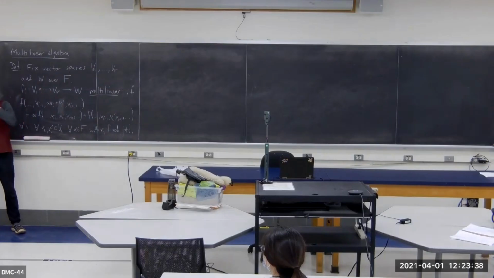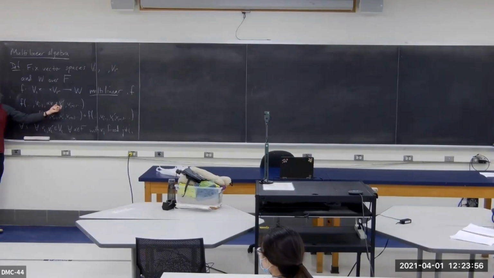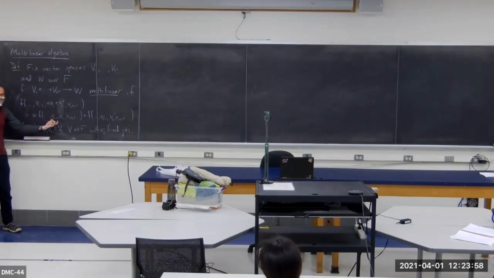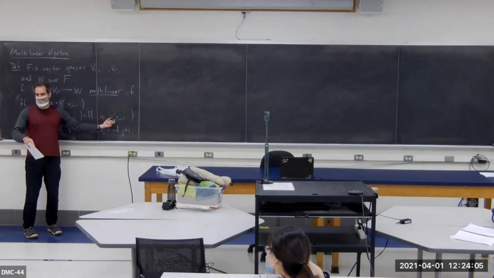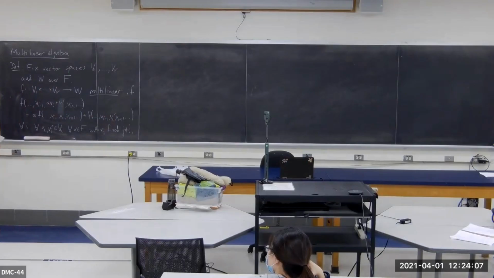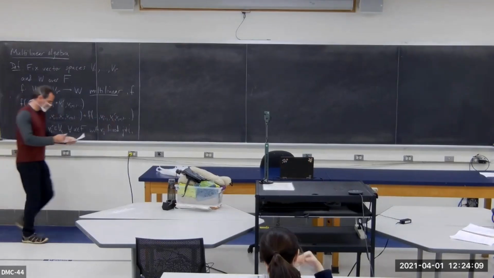If you take the rows of your matrix and replace one of the rows with a linear combination, then the determinant is going to break up as a sum. If the row is alpha vi plus vi prime, you take alpha times the determinant of the one that has the row vi, plus the determinant of the one that has vi prime. So this is the notion of multilinear that you've seen before with determinants.